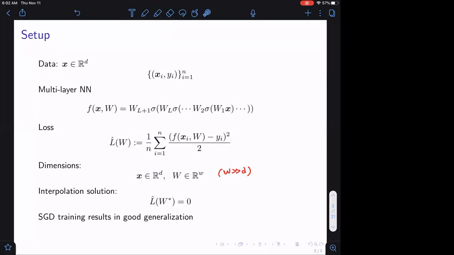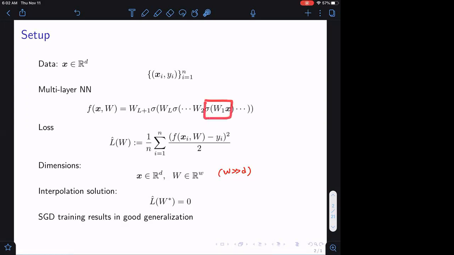The neural network has a certain architecture. It's just a feed-forward multi-layer neural network. All the parameters are collectively denoted by W. Given the input X, it multiplies with a matrix W1 on top of it, so matrix times vector gives a vector. Then you apply an activation function, for example ReLU, to every entry of this vector, so you get a new vector.